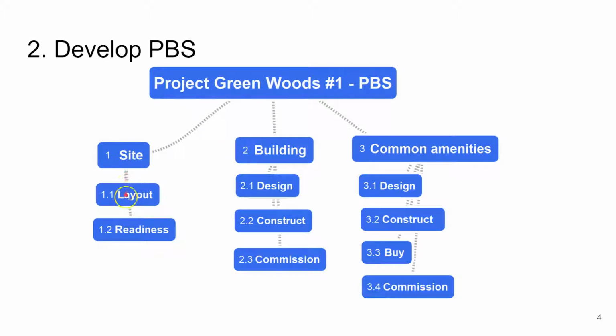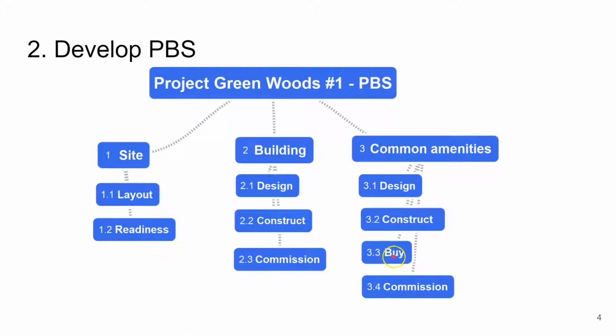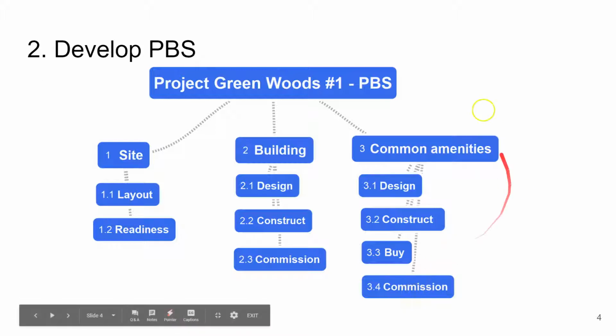For the site to be ready, the layout must be done, and site readiness is mandatory to start building. For buildings, again, design, construction and commissioning, and for common amenities, again, design, construction, and make or buy. Sometimes we subcontract, we don't do it ourselves, and the commissioning part of it. So this is the next step after determining the team.